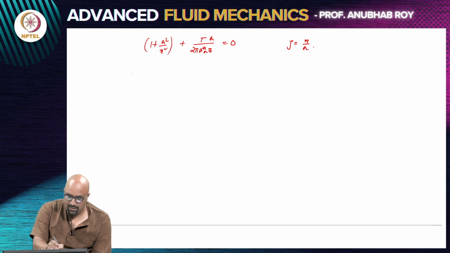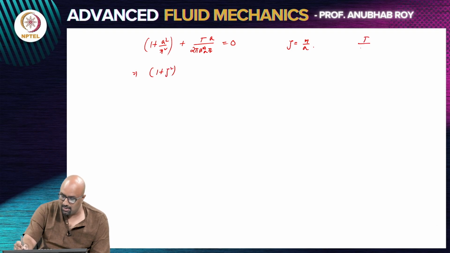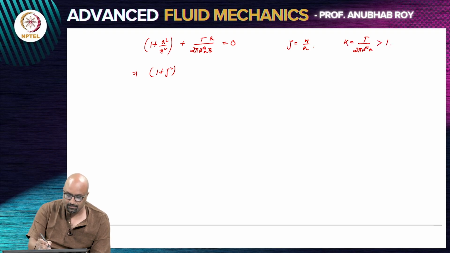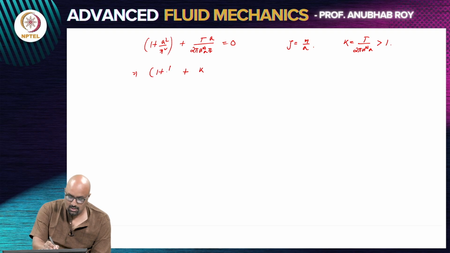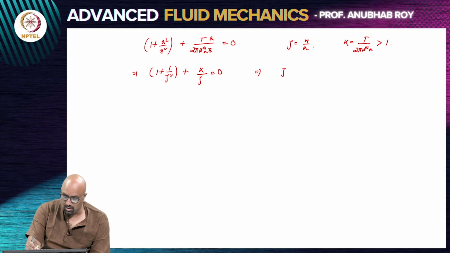So, I have an equation which is 1 plus zeta square, and gamma by 2 pi u infinity a is a constant which is greater than 1. So, this is plus that constant k by zeta is equal to 0, which gives me a quadratic equation which is zeta square plus k zeta plus 1 is equal to 0.